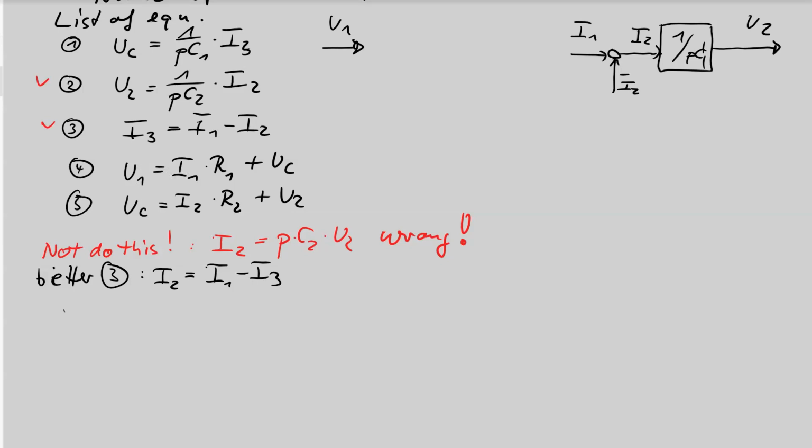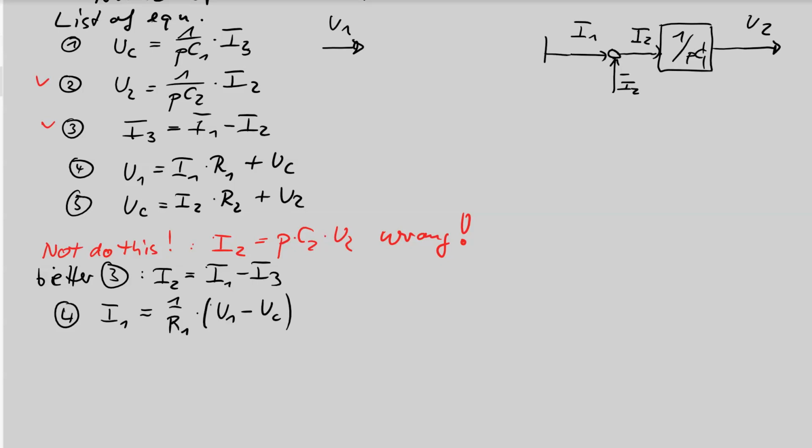I use now equation number 4, solving to I1. I1 is UC on the left side with negative sign and divided by 1 over R1. 1 over R1 times U1 minus UC. Okay, this is equation 4, solved to I1, because I want to fill now a part here in my signal block diagram which has I1 as an output.